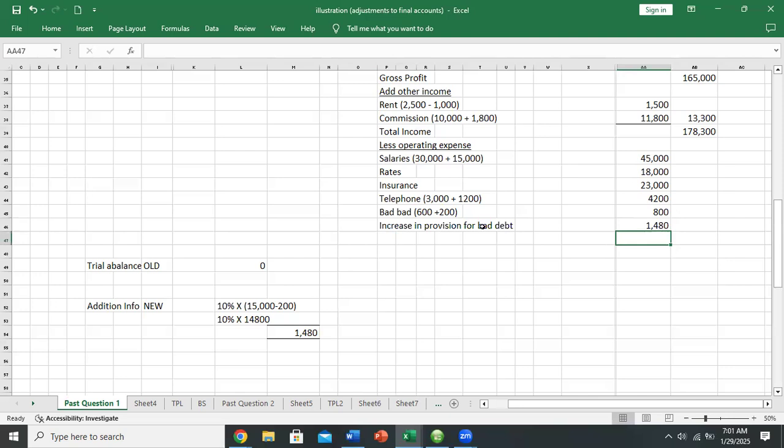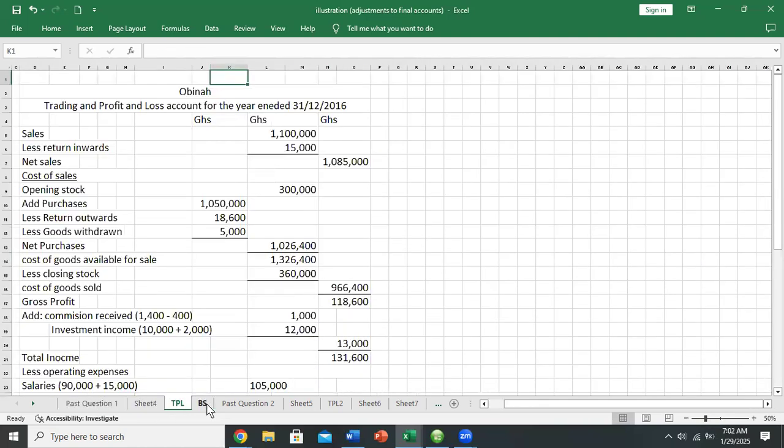Please use, for now, the old versus new technique. You can also prepare the T account, but if you appreciate this old and new technique, you can always work around your provision for bad debt. Let me see if I can take us to another question where we have the provision for bad debt.